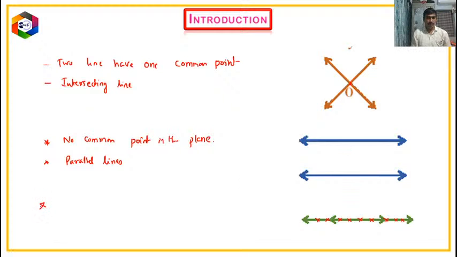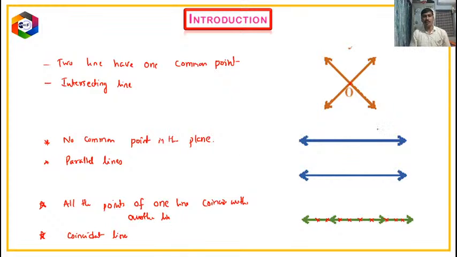And in the other case, all the points of one line coincide with another line. Whatever point satisfies one line will also satisfy the other line. Then in that case the two lines are called coincident lines.